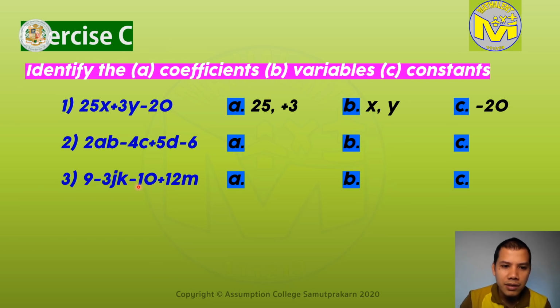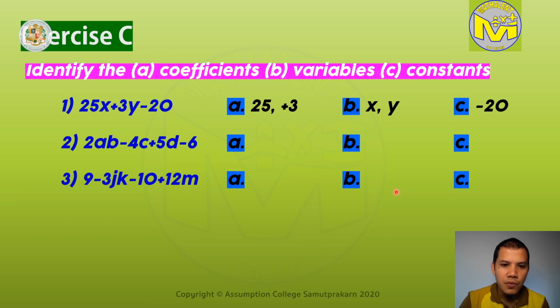Minus 10 belongs to the constants. And plus 12 is a coefficient of m. So put down here plus 12, and then m is in letter B.